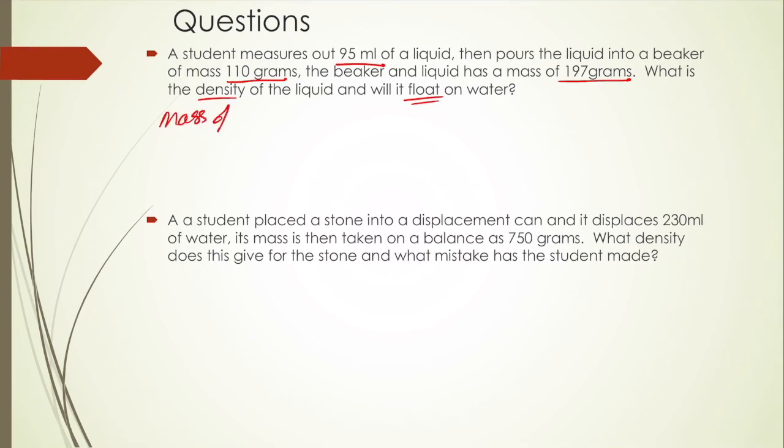Mass of liquid equals 197 minus 110, which equals 87 grams, or 0.087 kilograms.